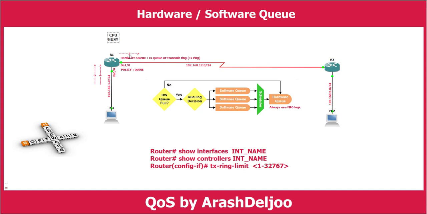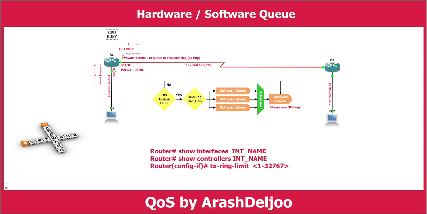Maybe sometimes we should wait, for example, 1 second. Now for that 1 second the line is empty, and in the next second we can send packet 2. And it is possible that sometimes, because of the CPU's other functions, we cannot receive traffic from the CPU for forwarding.